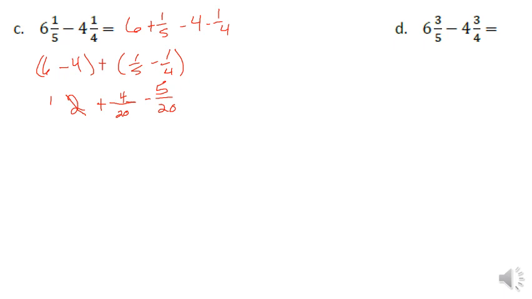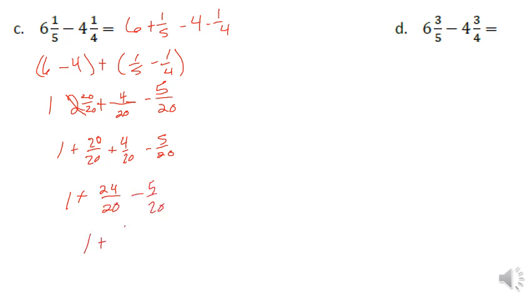This is going to become 1, and since we're in 20ths, 20 20ths. So now we have 1 plus 20 20ths plus 4 20ths minus 5 20ths, which is 1 plus 24 20ths minus 5 20ths, which gives us 1 plus 19 20ths. So our answer is 1 and 19 20ths.